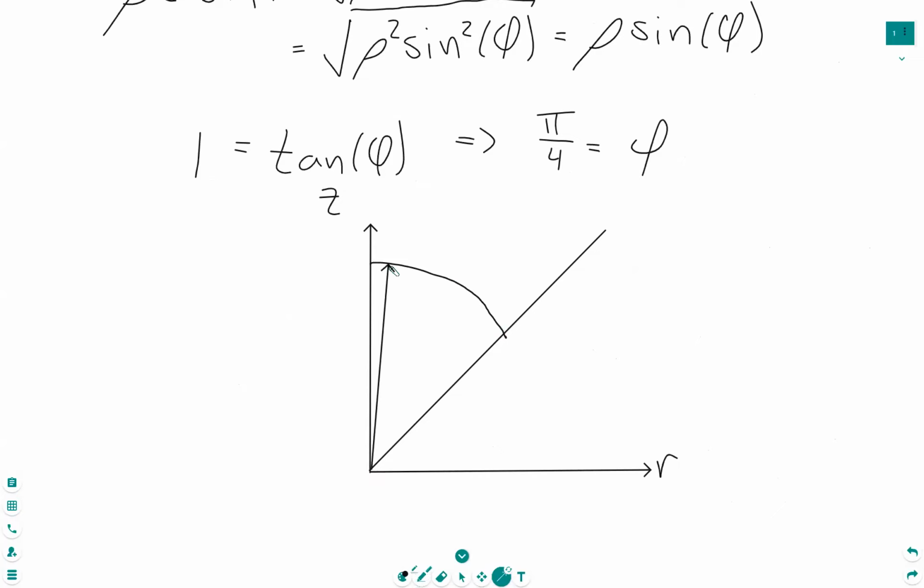So from here, we know that we're going from rho equals 0 out to this sphere equation, which was just the square root of 18. And then our phi goes from 0 all the way down to pi over 4 here.